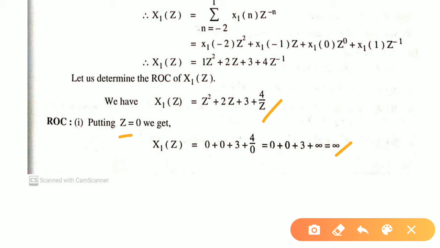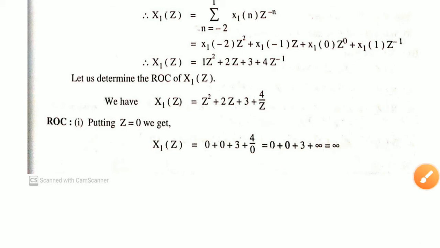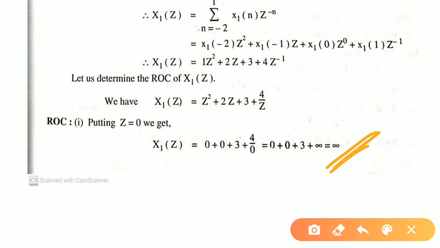Okay, so I think the ROC and its definition are clear. What is the definition of ROC? The ROC should attain a finite value. The Z transform will exist where it attains a finite value, but we are getting an infinite value when we put z equal to 0.